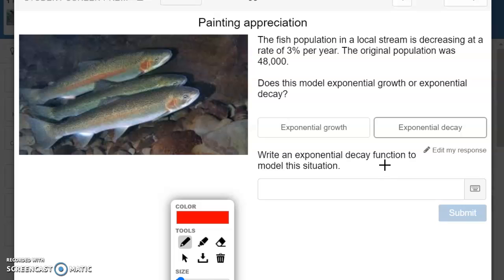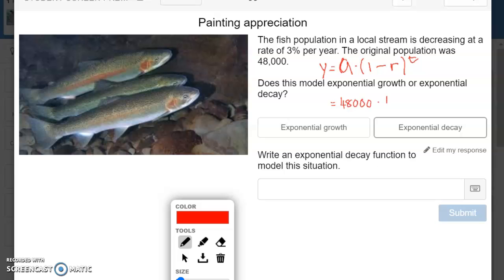Remember, the decay function with the percentage is y is equal to a, whatever the initial value was, multiplied by 1. Now with decay, we subtract the percentage in decimal, to the power of t. So the initial value was, what did we start off with? 48,000.